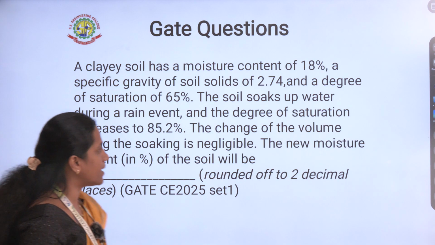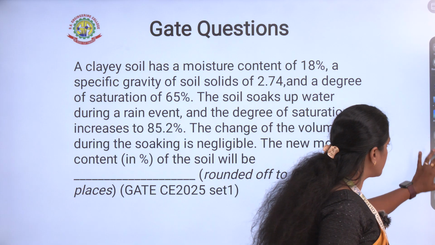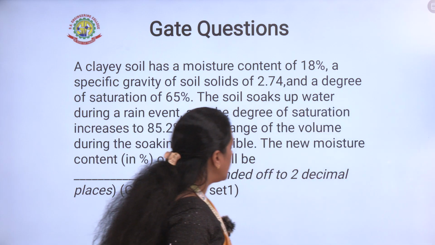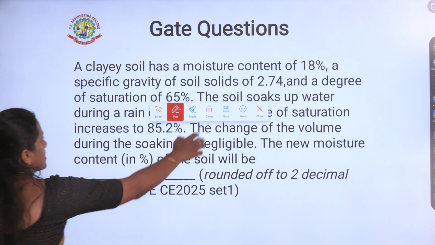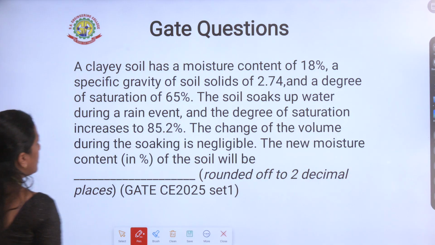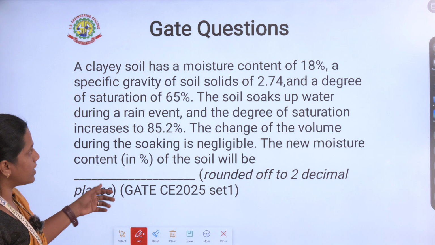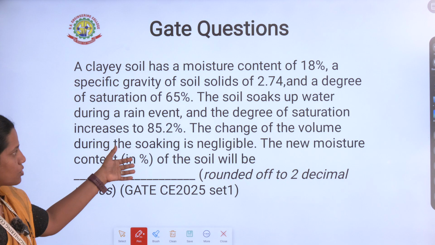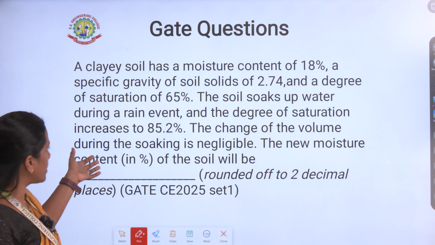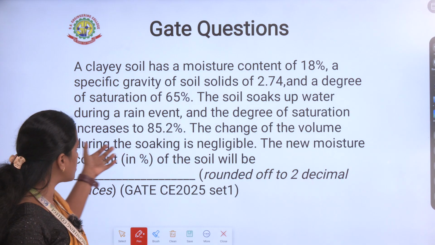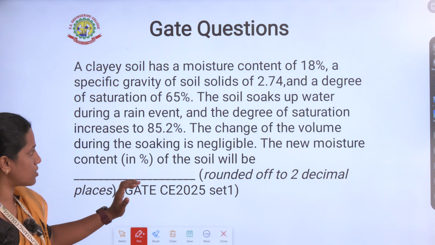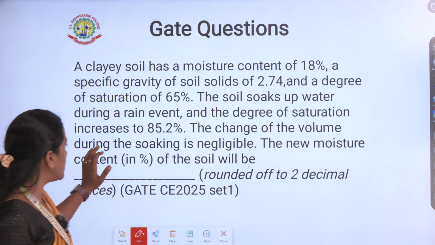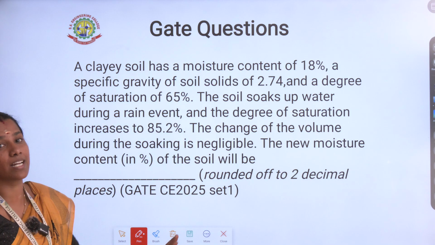Next question. A clayey soil has a moisture content of 18%, a specific gravity of soil solids of 2.74, and the degree of saturation is 65%. The soil soaks up water during a rain event, and the degree of saturation increases to 85.2%. The change in volume during soaking is negligible.